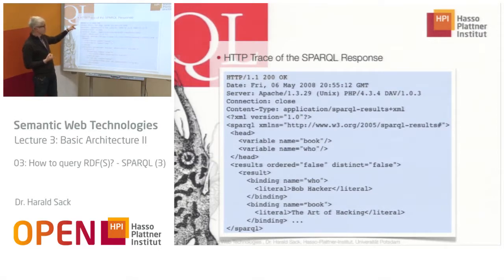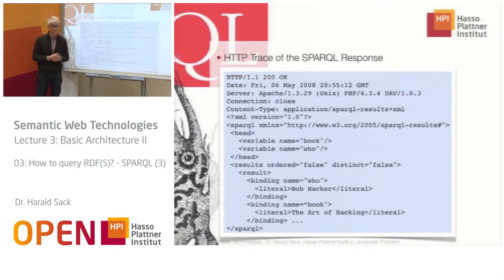Then you will get a date, then the name of the server where the SPARQL endpoint is located, and the content type, which will be application/sparql-results+xml. So you are able to know how to decode the SPARQL result that is transferred next. And then comes the XML document you have queried for. So this is the SPARQL result encoded as XML. Here we have, again in the header, the variables we have asked for, and the variable bindings, and we can interpret the result accordingly.